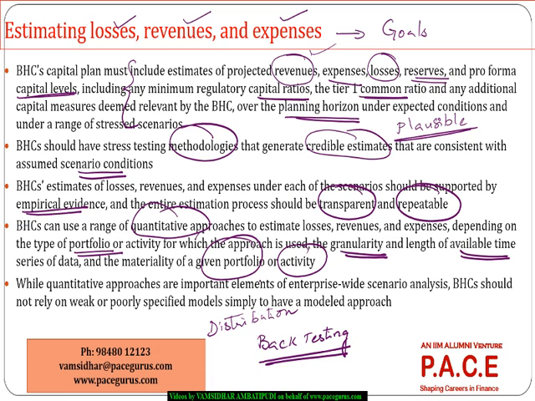Now, quantitative approaches are very important when we are establishing enterprise-wide scenario analysis. But at the same time, if they are really deviating from the distribution, if the actual data is not following any specific distribution, then it is a poorly specified kind of model.